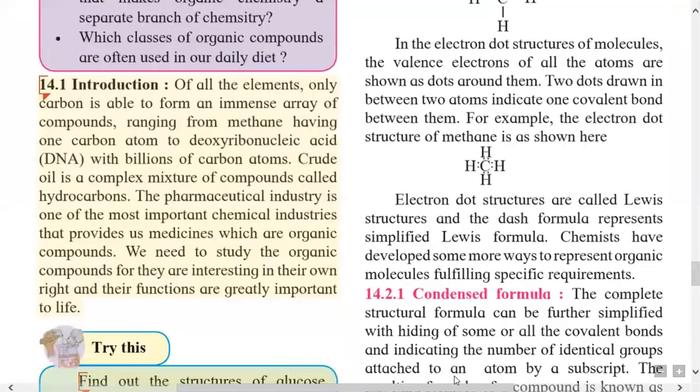Now, in the introduction part, it is given that carbon is the important element. We know there are 118 elements in the periodic table, and out of that, carbon has the main importance in organic chemistry.